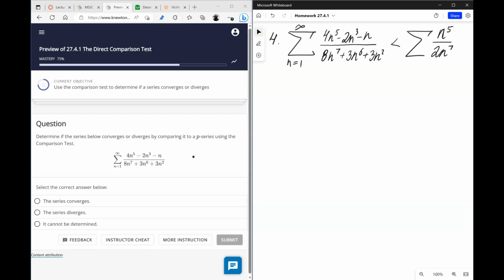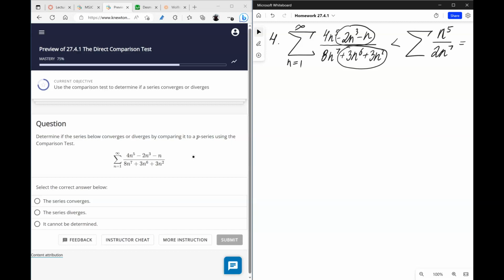And how do they compare? Well, the original series is less than this series. Why? Because we have subtracted multiple terms from the numerator, and we have added multiple positive terms in the denominator. So when you take away from the numerator and add to the denominator, the expression becomes smaller.